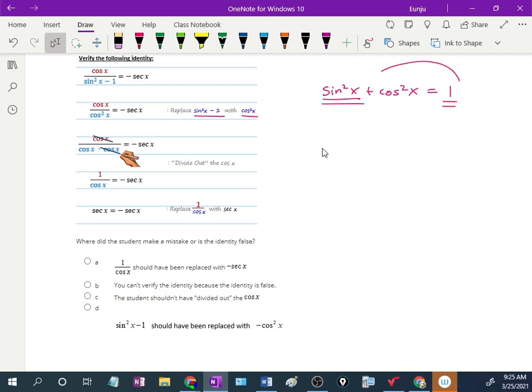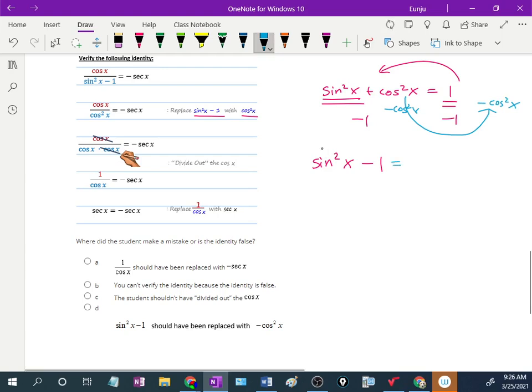So can I move this over here? So by subtracting 1, so let's write it, sine squared of x, subtract 1. And I'd like to move this term over here by subtracting cosine squared of x, okay, on both sides. So this will be equated with negative cosine squared of x, not just positive 1 here, okay?